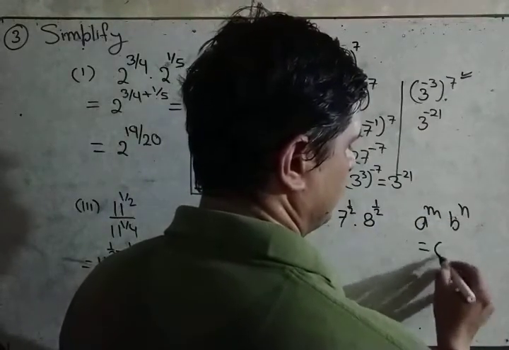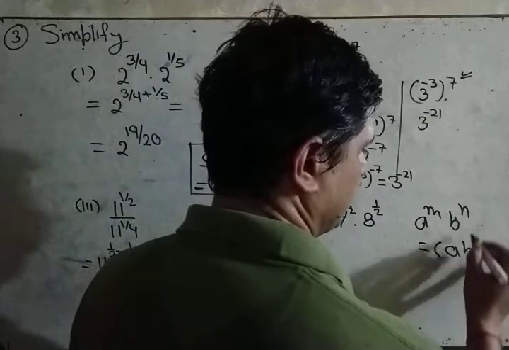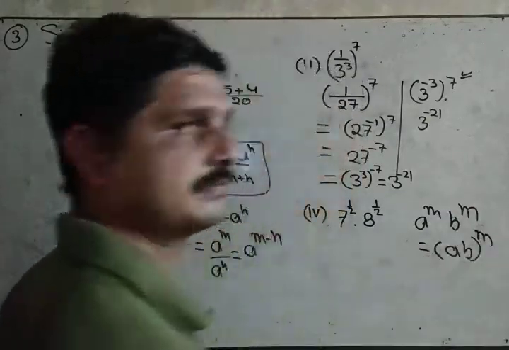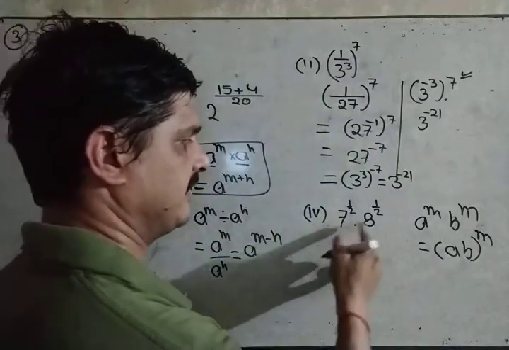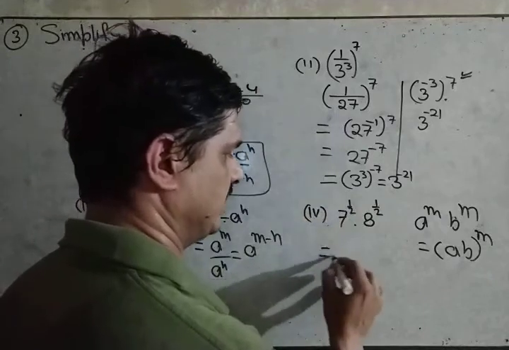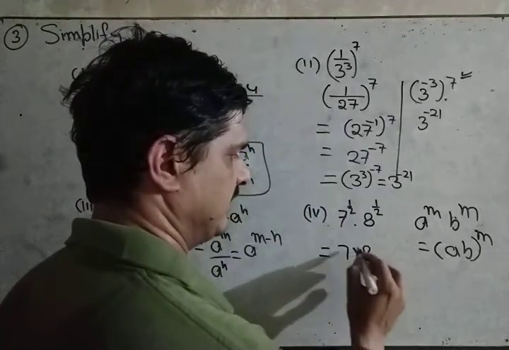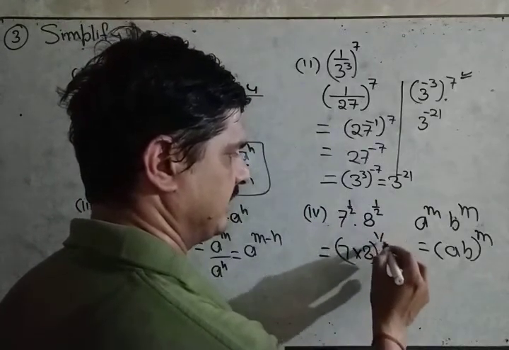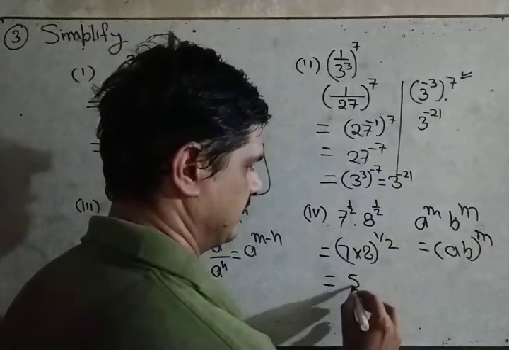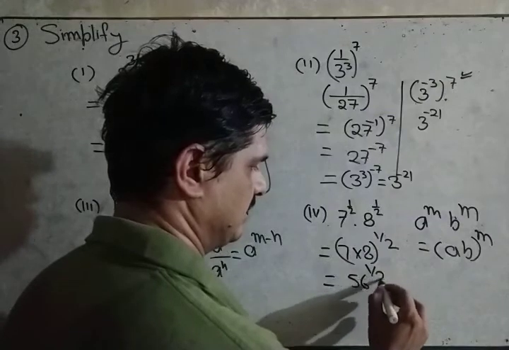Then what was the result? Here 7 and 8 are the bases, different bases, but powers are same. So directly multiply and put the bracket and put power half, and you can get 56 raised to the power half.